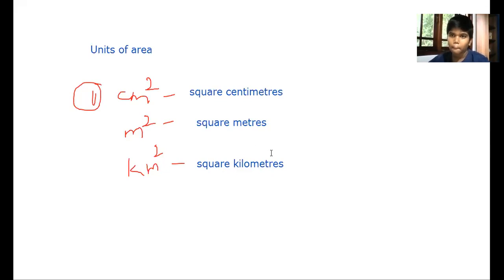Then look at how we find the area of squares and rectangles, right? Then you write down the next subtopic.